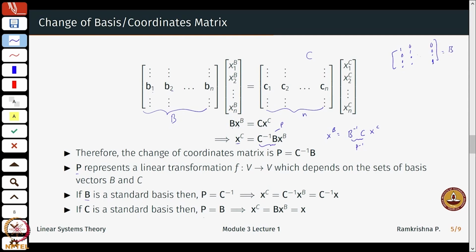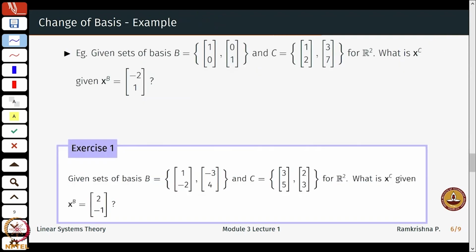Conversely, if C is a standard basis, then P equals B, which is straightforward to derive. So what we understood is how to go from one basis to another basis, and this will be very useful. And this transformation f from V to V has a matrix representation P.